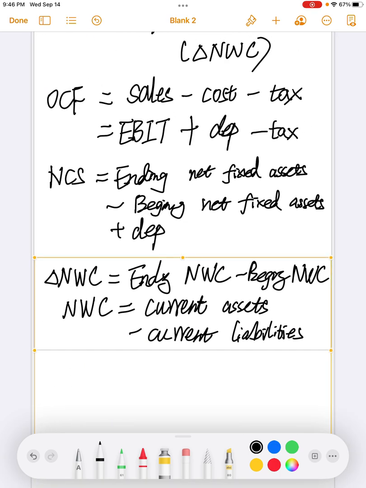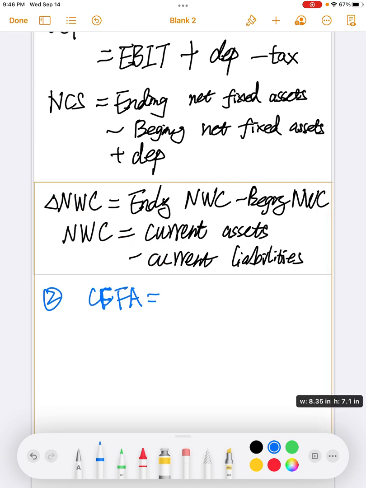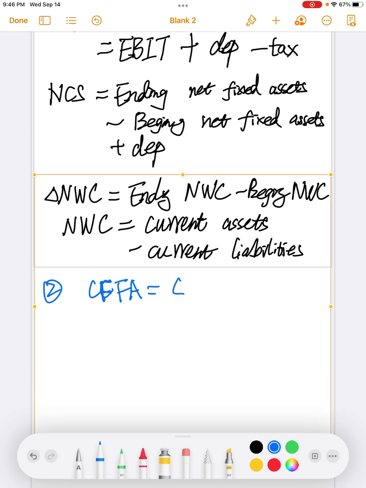Another way to calculate cash flow from assets is by looking at how this cash flow is spent. This cash flow would be either paid to creditors, the cash flow to creditors, or paid to the shareholders.